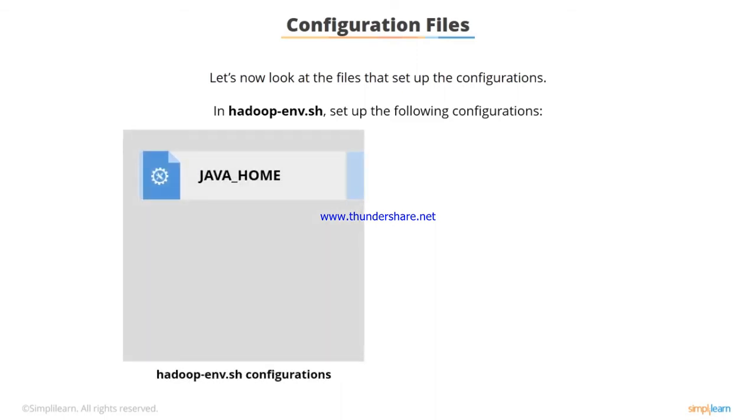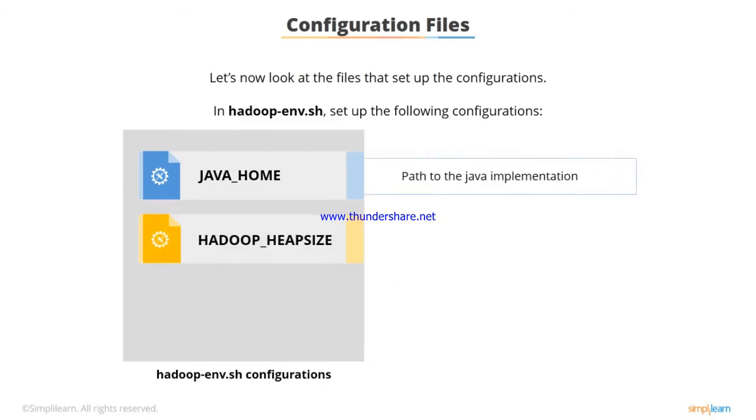In JAVA_HOME, specify the path to the Java implementation that the cluster has to use. In HADOOP_HEAPSIZE, define the memory heap size to be used by the NameNode. Similarly, heap size can be set for individual daemons on respective nodes. By default, Hadoop allocates 1 GB of memory to each daemon.